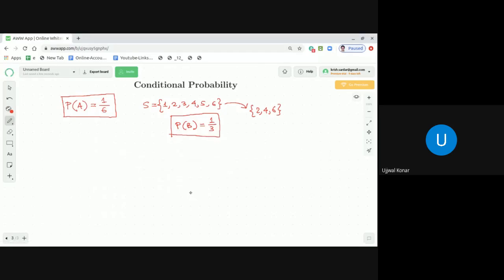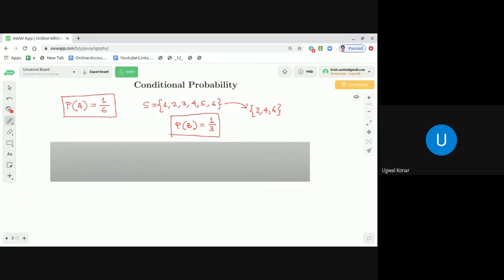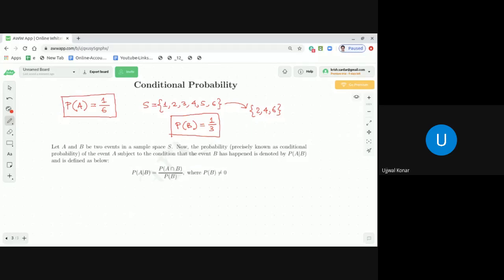Let A and B be two events in a sample space S. Now, the probability, precisely known as conditional probability of the event A, subject to the condition that the event B has happened, is denoted by probability of A slash B, and it is defined as probability of A intersection B divided by probability of B, subject to the condition that probability of B is not equal to 0.